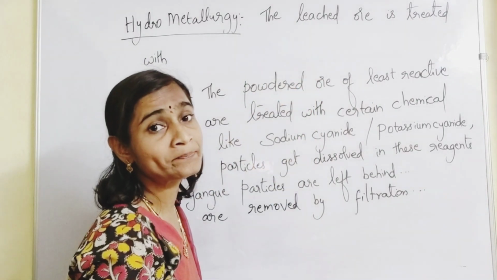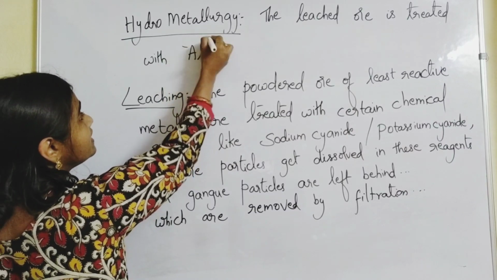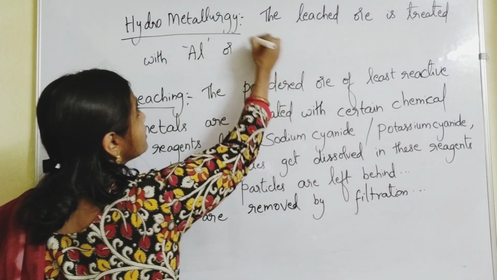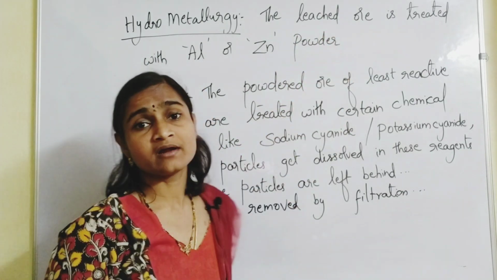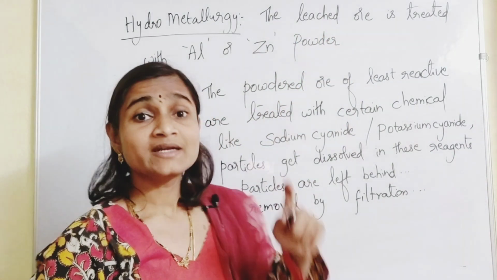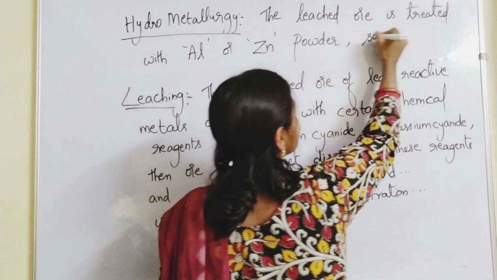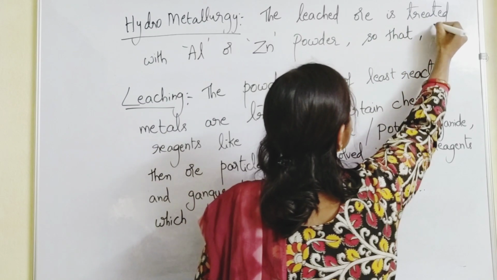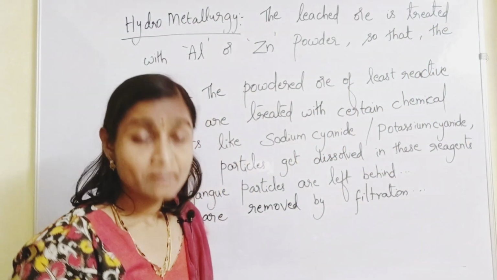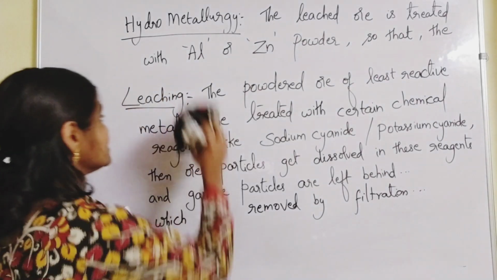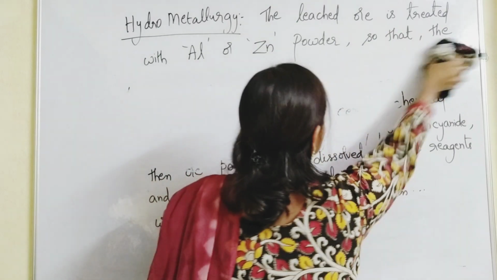Here you take the leached ore, and that is again treated with aluminium or zinc powder, so that the metal gets precipitated. Right, children? The metal gets precipitated.